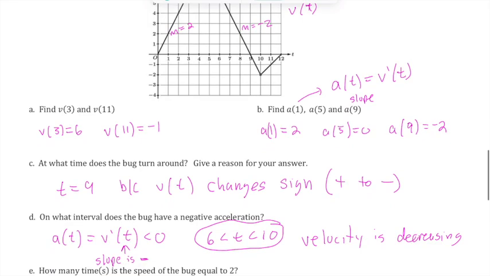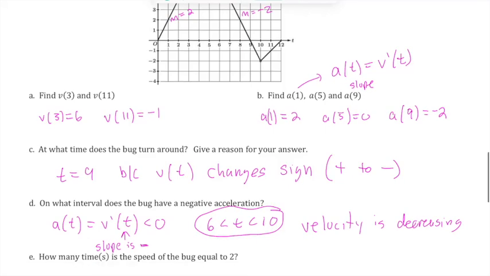And then how many times is the speed of the bug equal to 2? So again, speed is the absolute value of velocity being 2. So that means either you need it to equal 2 or -2.